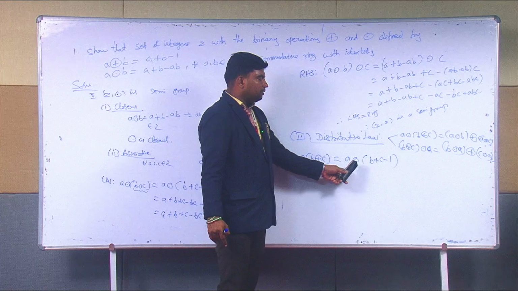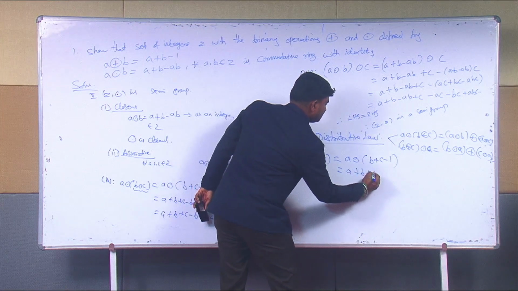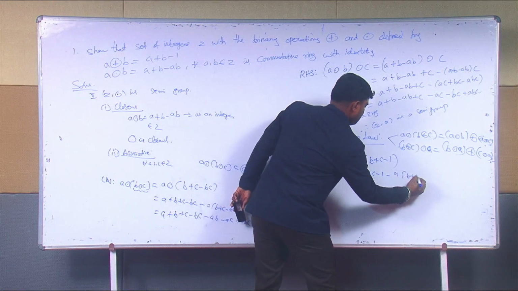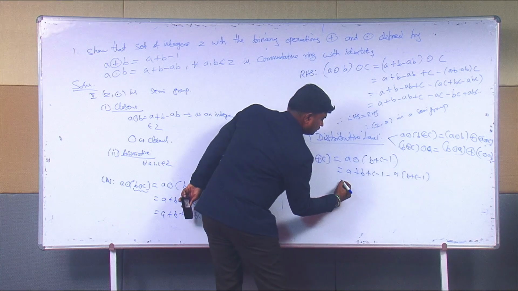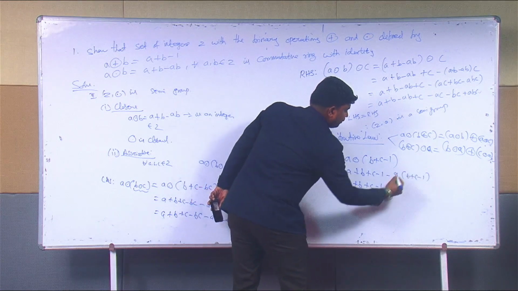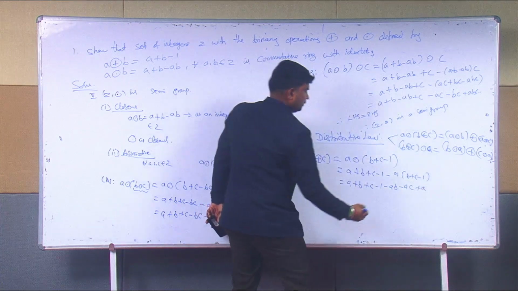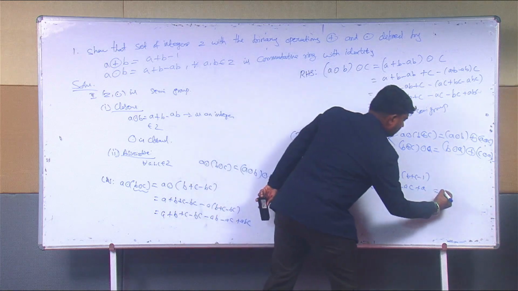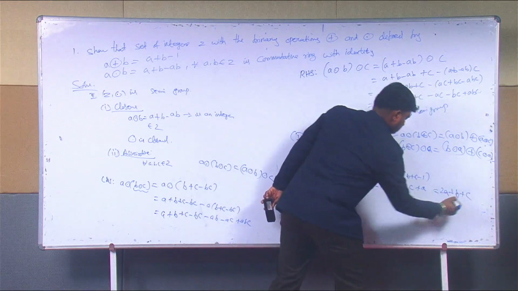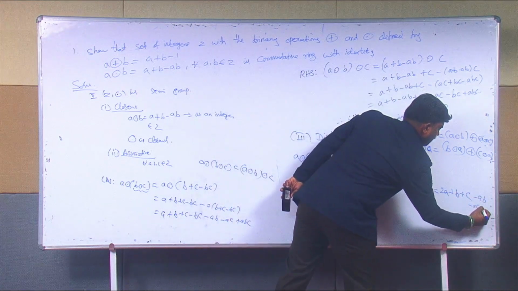Again apply the multiplication modulo definition: A plus B plus C minus 1 minus A into B plus C minus 1. So what's the resulting value? A plus B plus C minus 1 minus the product inside, minus AB minus AC plus A. So finally we get 2A plus B plus C, minus AB minus AC and minus 1.